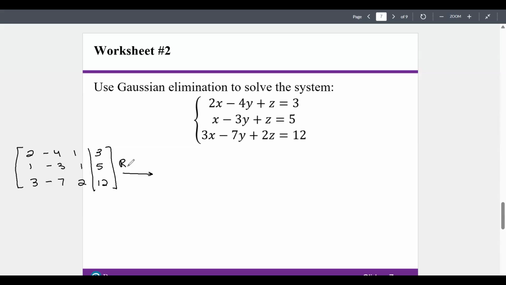So I'm just going to switch R1 with R2. So we have a 1 up here in the corner. So I'll just have 1, -3, 1, 5, and then we'll have 2, -4, 1, 3, and then we'll have 3, -7, 2, 12.